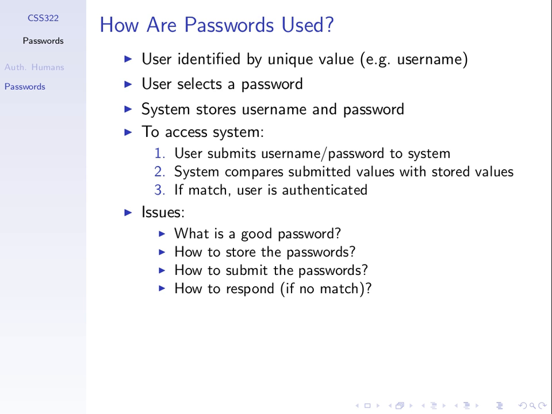If not, not authenticated. Because, again, a property of the hash is that if you hash the same value, you should get the same hash value as the output. And if you hash a different value, you should get a different output. That is, the hash of ABC should not match the hash of John.